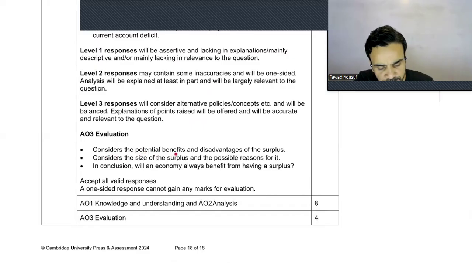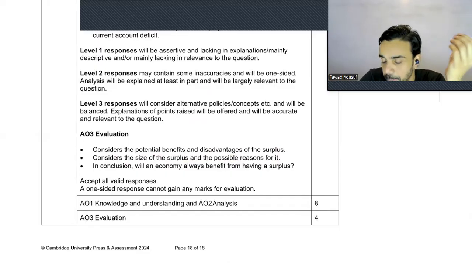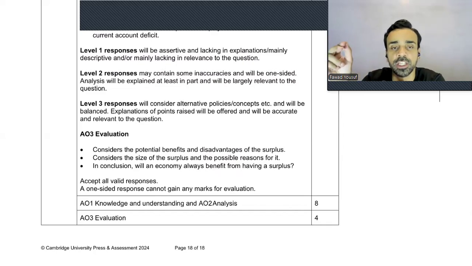Consider the possible benefits and disadvantages of a surplus. Consider the size of the surplus and the possible reasons for it. ये evaluation के अंदर बात हो रही है. Okay, if you have a small surplus, that's not bad because what you can do with a small surplus is future cyclical deficits को you can tackle with that. किस तरह से?